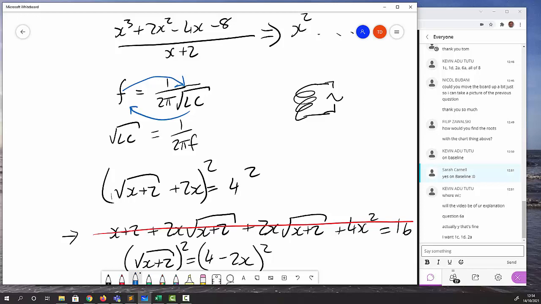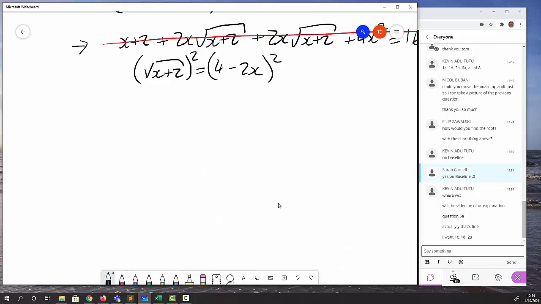1C and 1D. Okay, let's have a look at those. 1C is fairly straightforward. So k is equal to e to the power of Ea over RT, and all of that is the exponent.